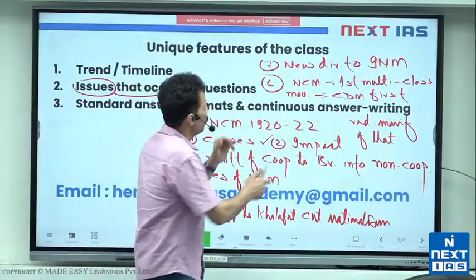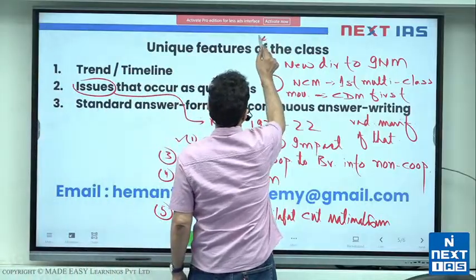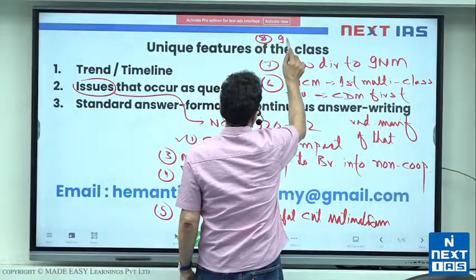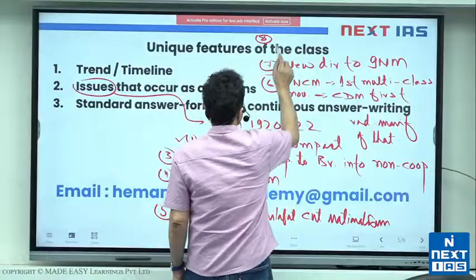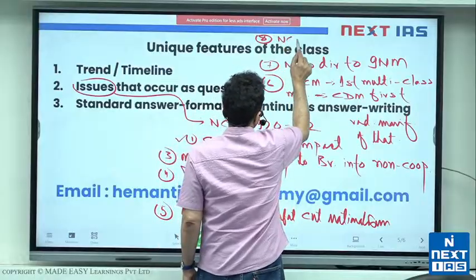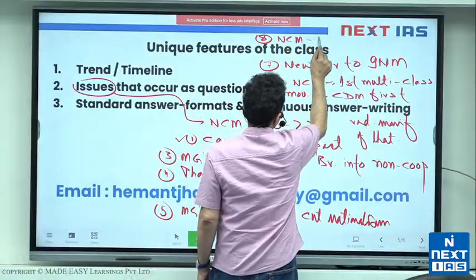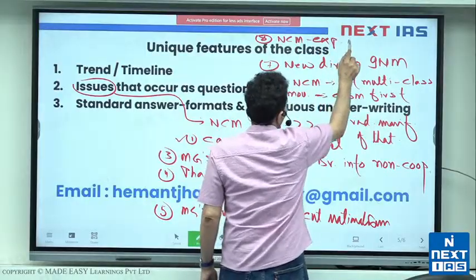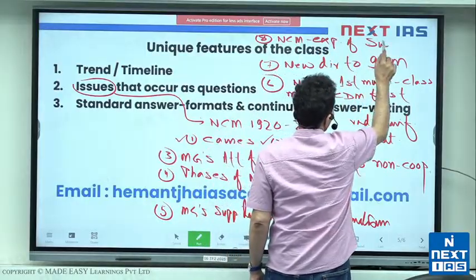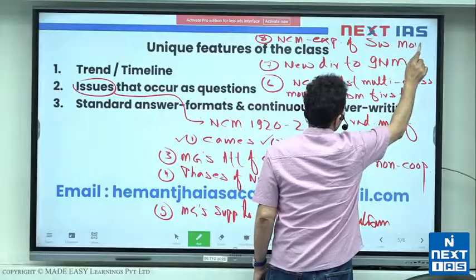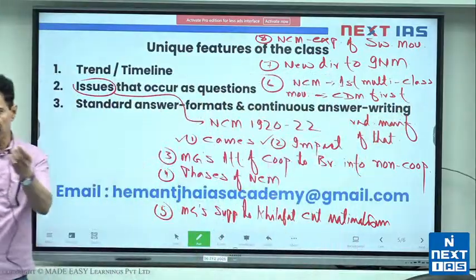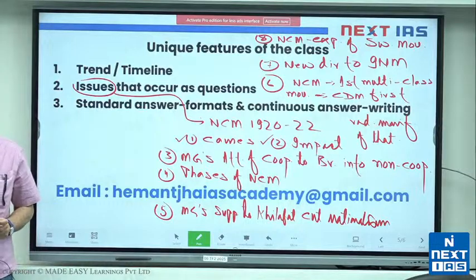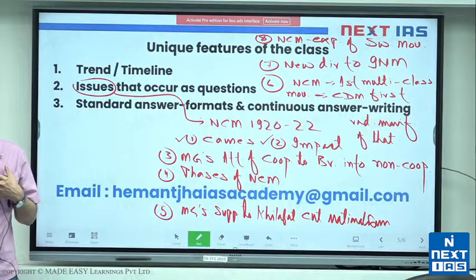Suppose 8: how NCM was an expansion of the Swadeshi movement. So how was NCM an expansion of the Swadeshi movement? What took place in 1905? I hope you get my point, what I want to say.